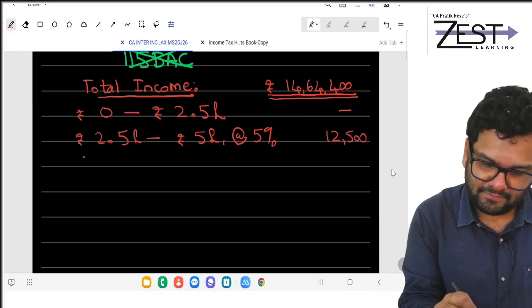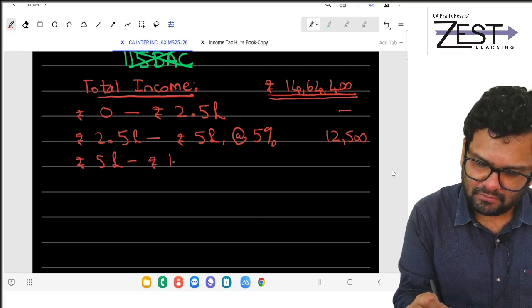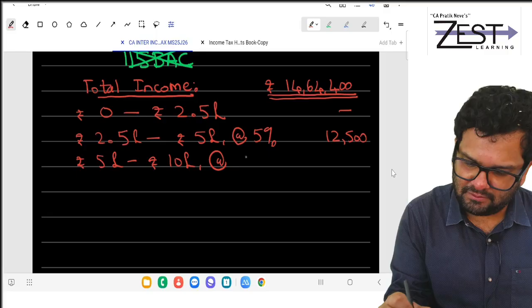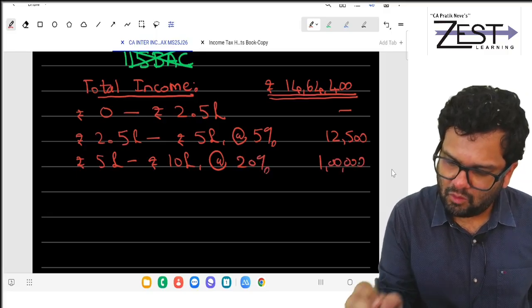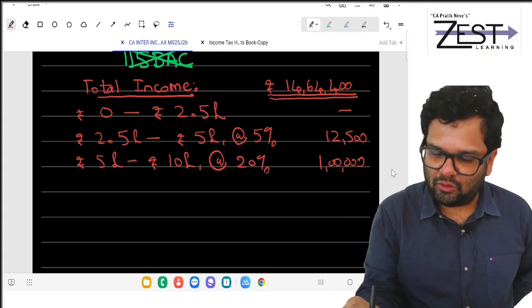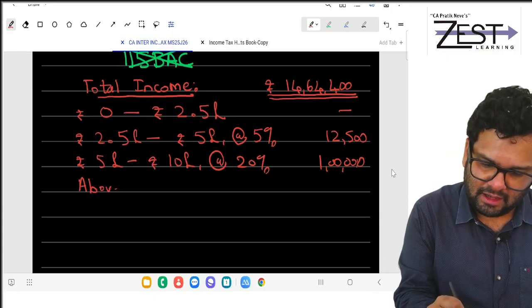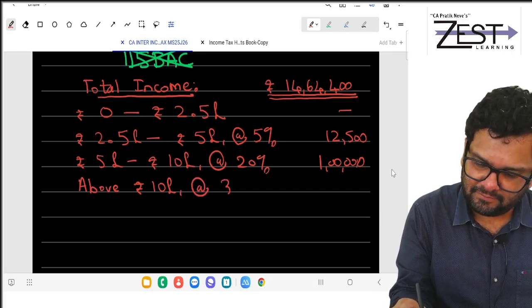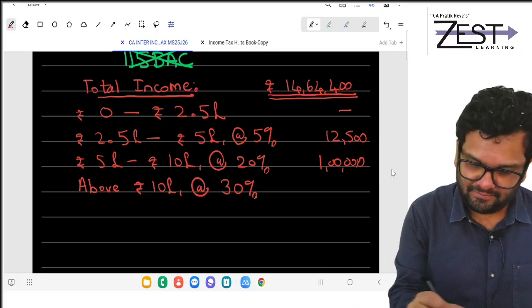Next, 5 lakhs to 10 lakhs at 20%, 1 lakh. Now comes the last slab, above 10 lakhs at 30%. What is that?